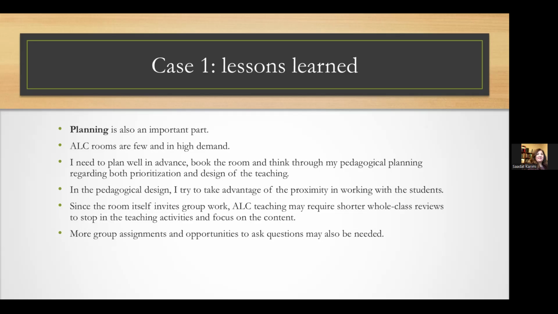These ways can be described as proximity to the students, flexibility and variation in teaching, and awareness of lesson planning. Teaching in the ALC room means that I can get much closer to the students even during lectures and briefings.